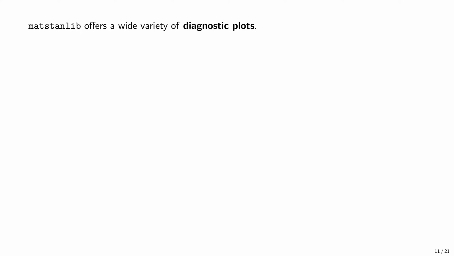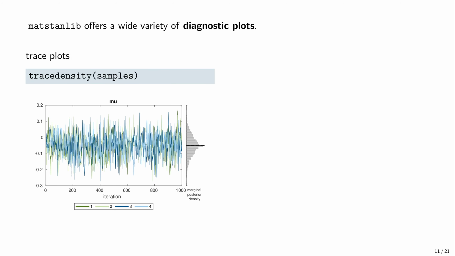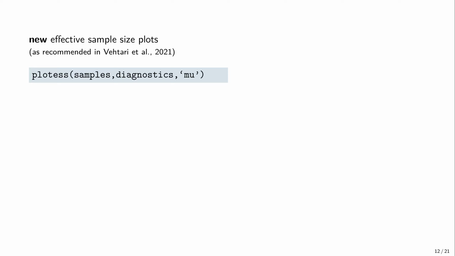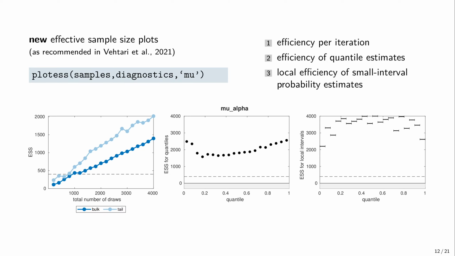For example, if you have a high R-hat, you can investigate that with trace plots and rank plots. For low effective sample size, you can investigate that with the trio of effective sample size plots, including efficiency for iteration or evolution plot, a quantile plot, or a local interval plot from left to right here.